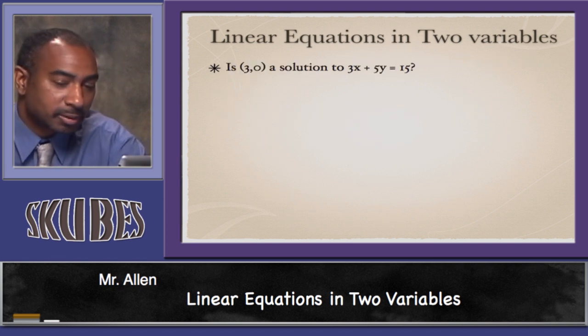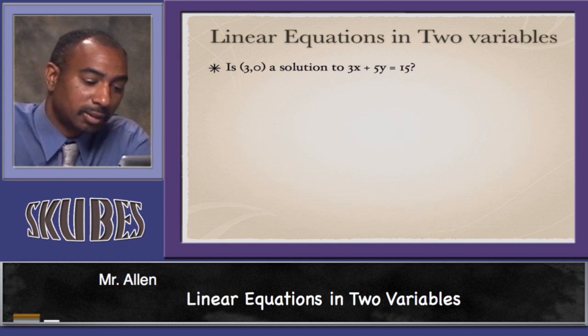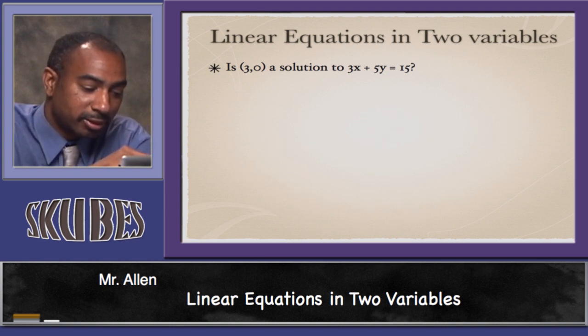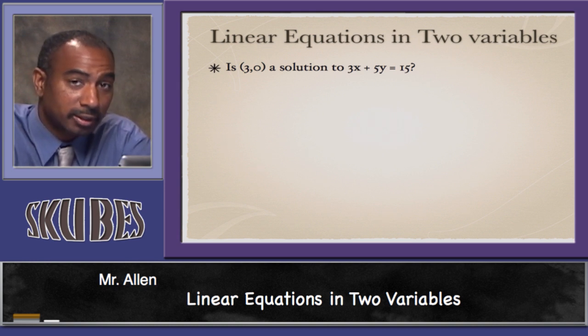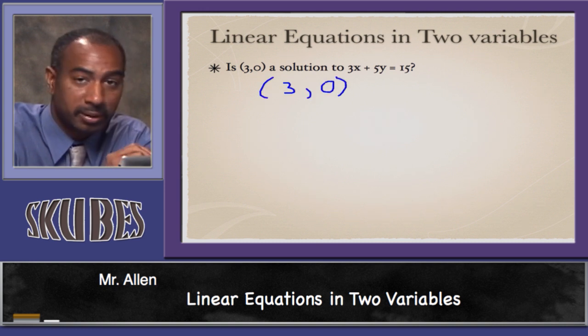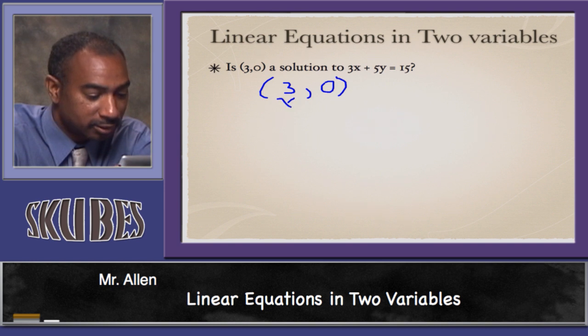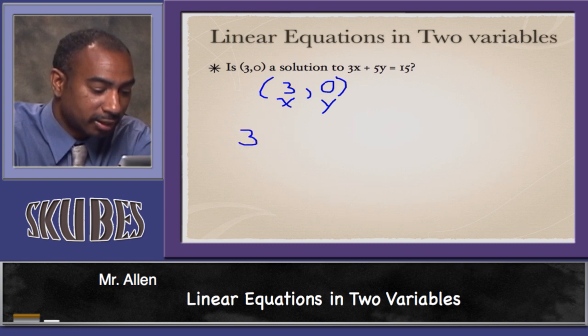All right. Sometimes when you have ordered pairs, you can test it, you can evaluate it and see if it's a solution to an equation. For example, is (3, 0) a solution to the equation 3x plus 5y equals 15? Well, remember, this is an ordered pair, and the order makes a difference. So this is your x coordinate, this is your y coordinate. So where you see 3, you're going to substitute that in for x.